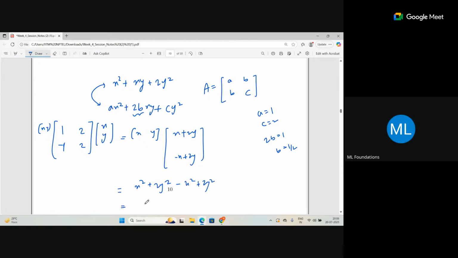If it is a qx square equation, then it is possible: x square plus 2xy minus 2xy plus 2y square. This is going to be x square plus y square. How is that going to be equal to this?